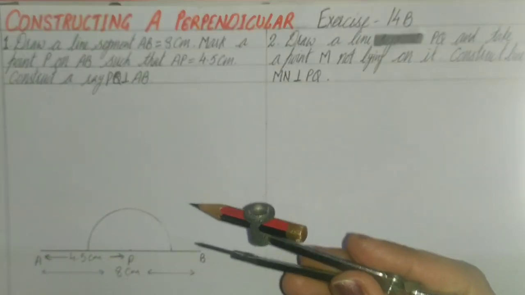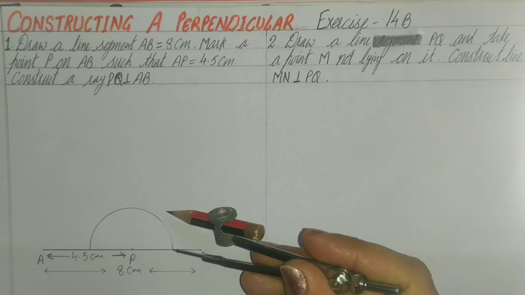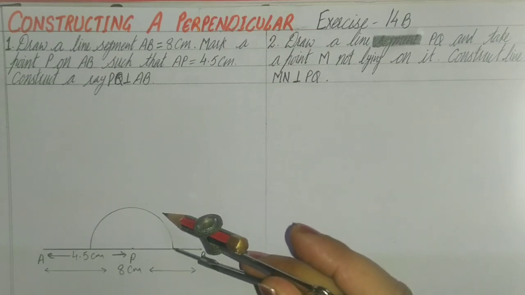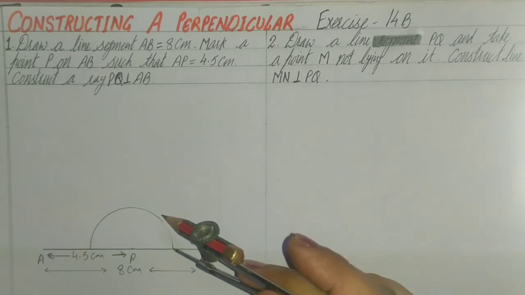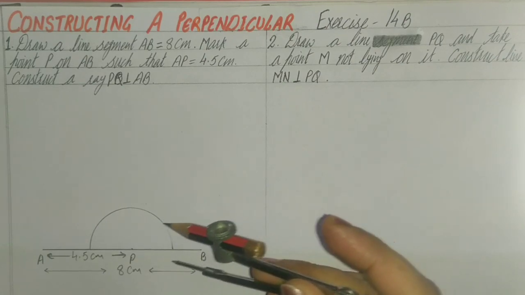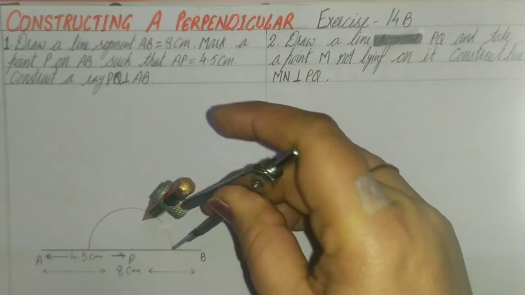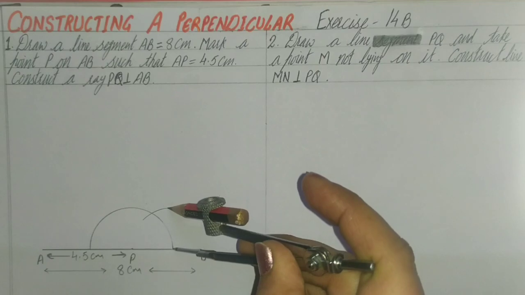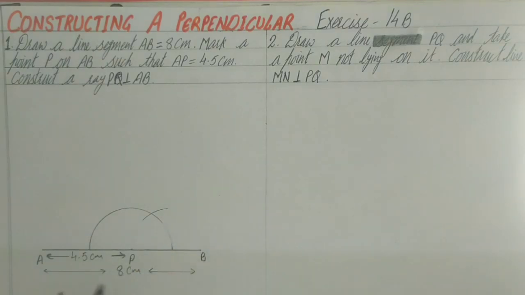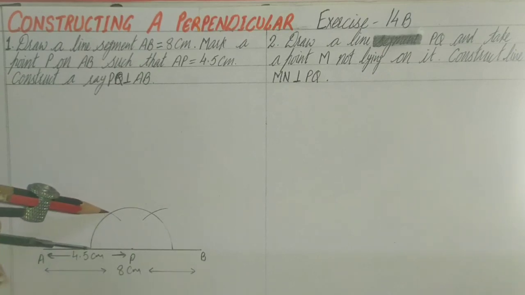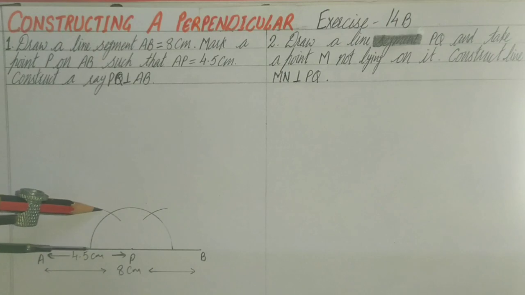Okay. Now no need to change the measurement. Just with the same measurement come to this point where the semicircle is joining the segment AB. Put the pin of your compass over here and intersect the semicircle. Then with the same measurement put the pin of your compass over here, and again intersect the semicircle.